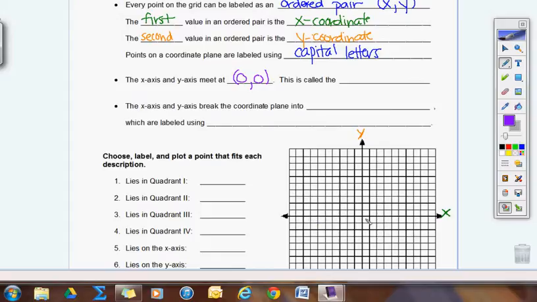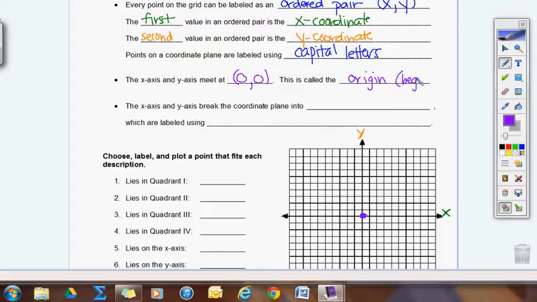Right there, this point is the point 0, 0. It's basically the middle of the x-axis and the middle of the y-axis. Because that's where we would start counting, either to the right, to the left, up, or down, it's the beginning of our counting, so we call it the origin.